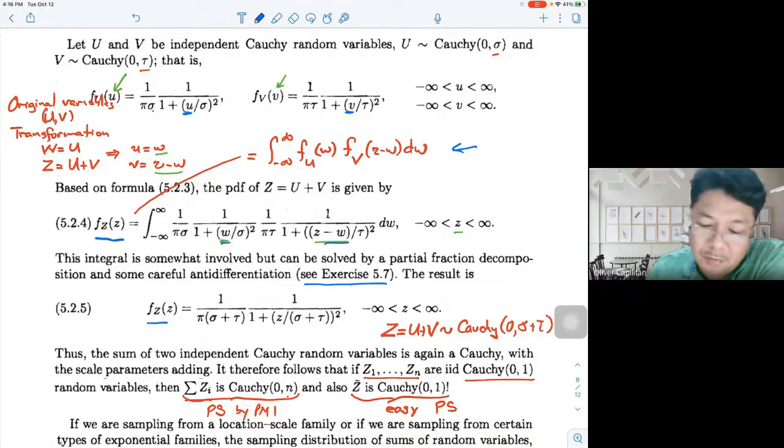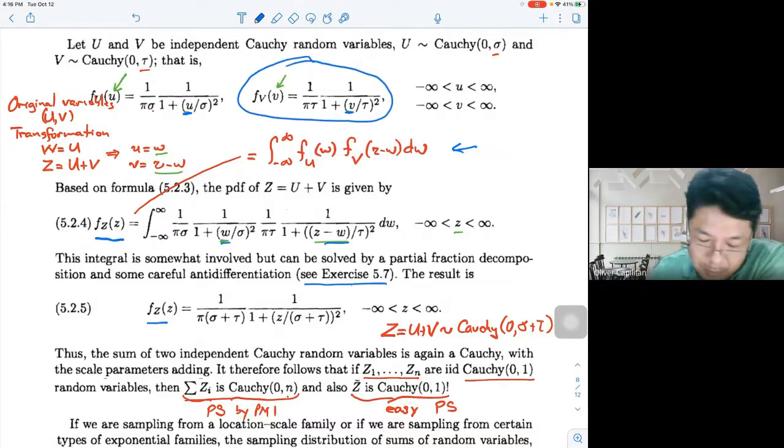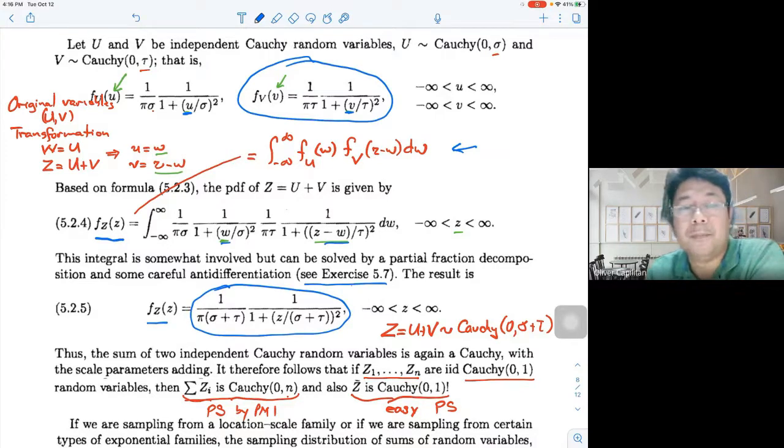O kung titingnan mo itong form na to, yan. At saka ito, halos pareho lang ang kanyang form. So, ibig sabihin yan na ang sum of two independent Cauchy random variables is again Cauchy. It's again Cauchy with parameter 0, ito 0, and then sigma plus tau.